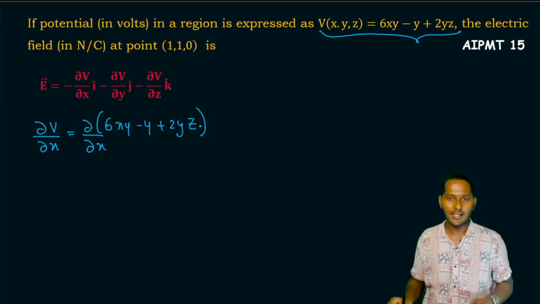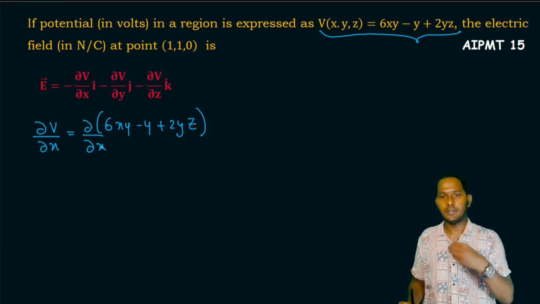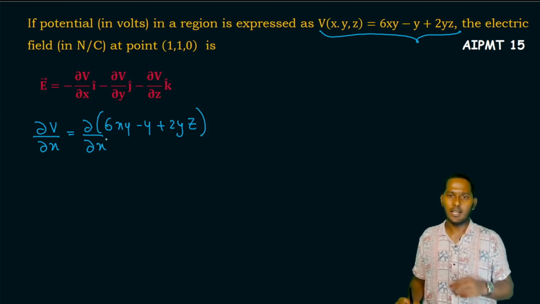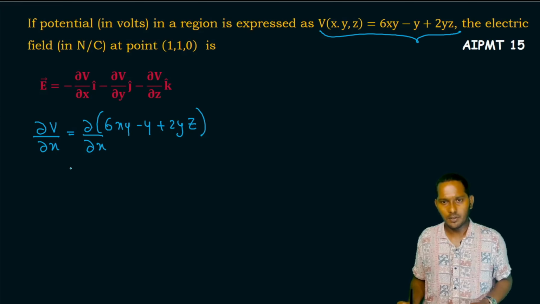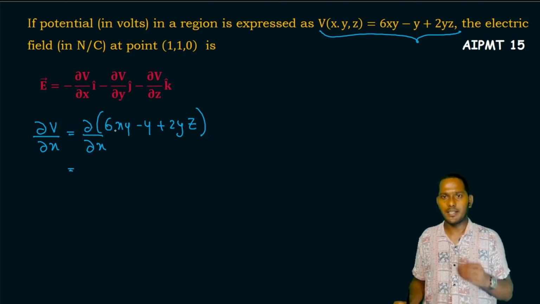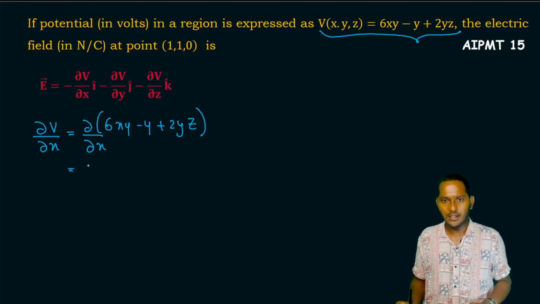And students, when I'll be taking a derivative of this, I can very well say that the derivative of x here in this case will be x to the power 1 minus 1, so the power comes to 0, right? So let me just do that. It will be 6, and here x to the power 1 minus 1, that will be 0, y, and here this goes to 0, plus even this term goes to 0.